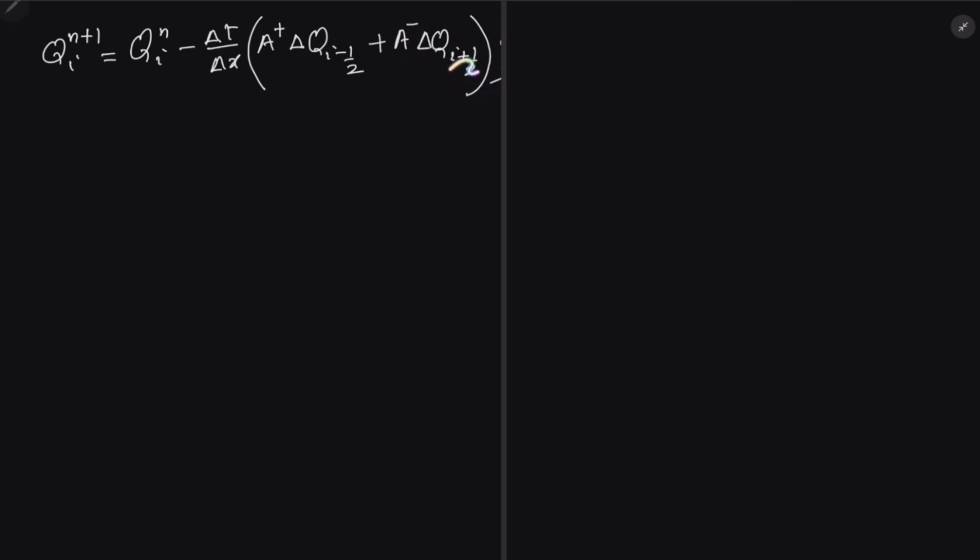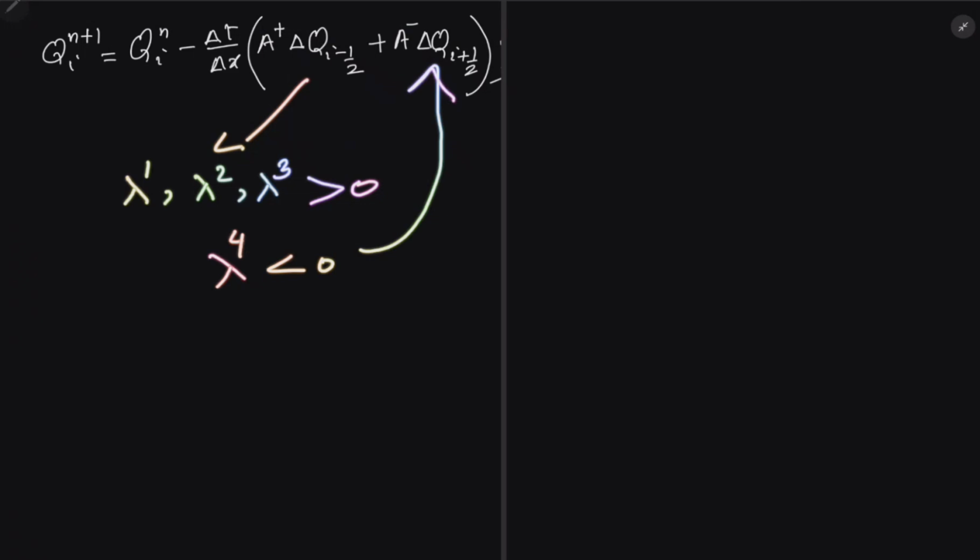When we solve all the terms over here, when A negative has lambda negative eigenvalues, when we put that value over here and also solve delta Q_{i+1/2}, we at the end get that formula, Q^n_i minus Q^n_{i-1}, after putting the fluxes over here. You can maybe do the exercise. Just consider, for example, lambda 1, lambda 2, lambda 3 greater than 0, and take lambda 4 less than 0, and try to modify that numerical method and also get the W form, the waveform as well.